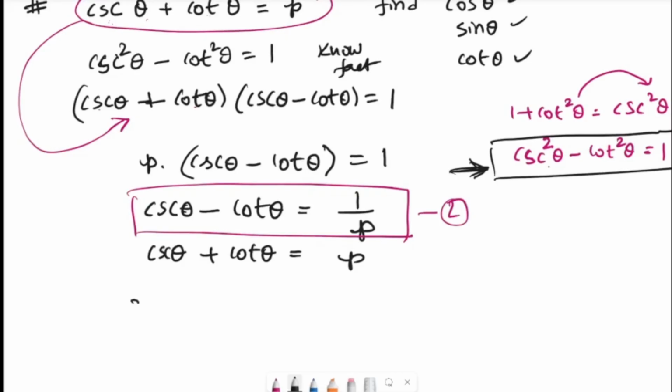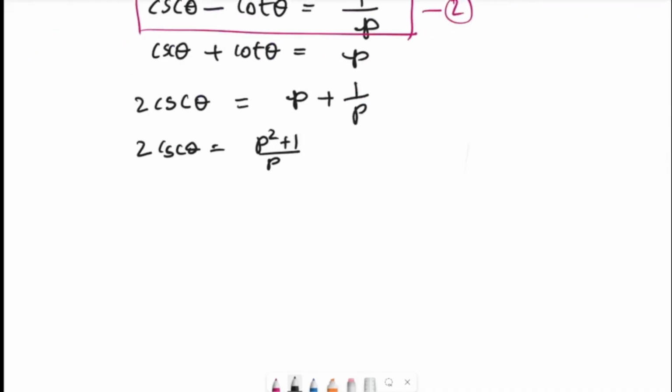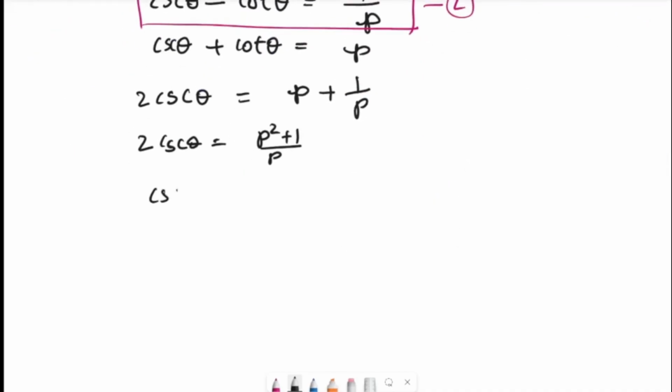So 2 cosecant theta equal to P plus 1 by P, which is P square plus 1 by P. Correct? So cosecant theta is P square plus 1 by 2P.